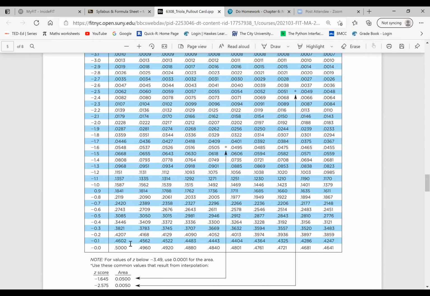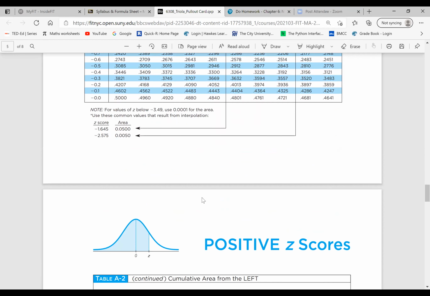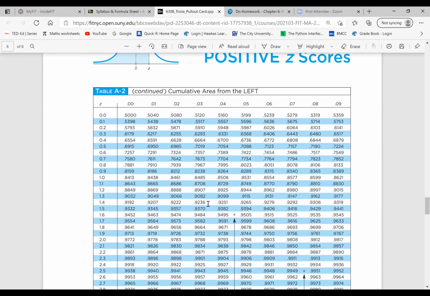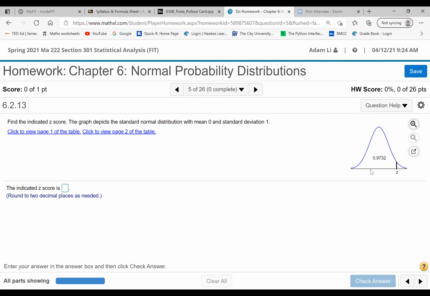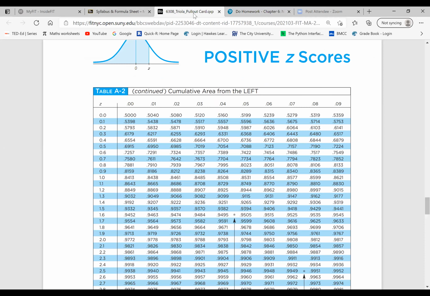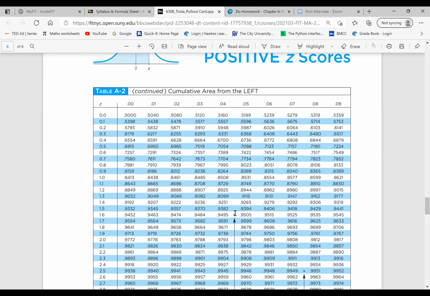It's the lower half, so it's 50%, so it's 0.5. So anything above 50% or 0.5 will be on the second page of table A2. And here the given probability is 0.9732. Probability is located in the center of the table, right?